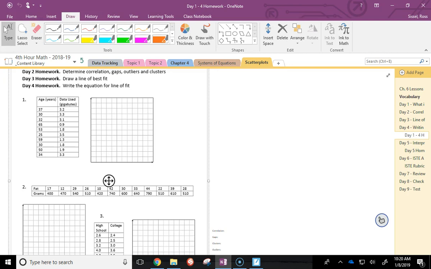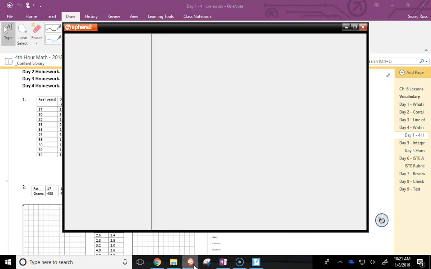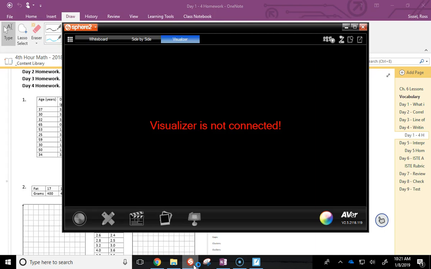Get out that orange sheet I gave you yesterday. Reddish orange. That looked like this.